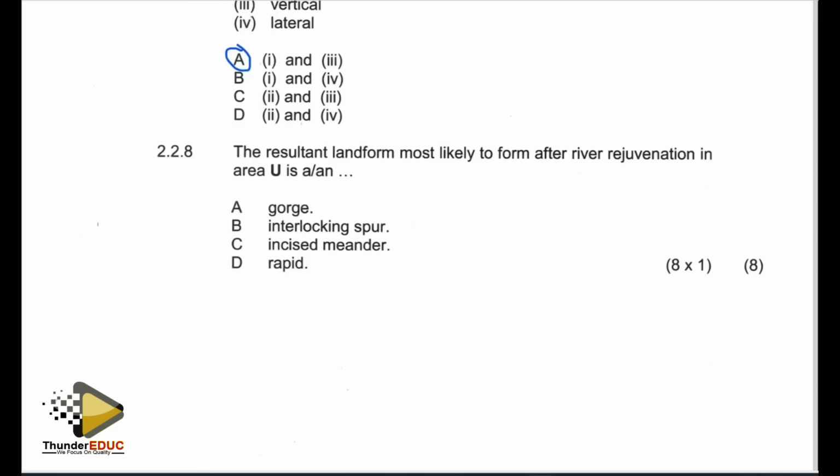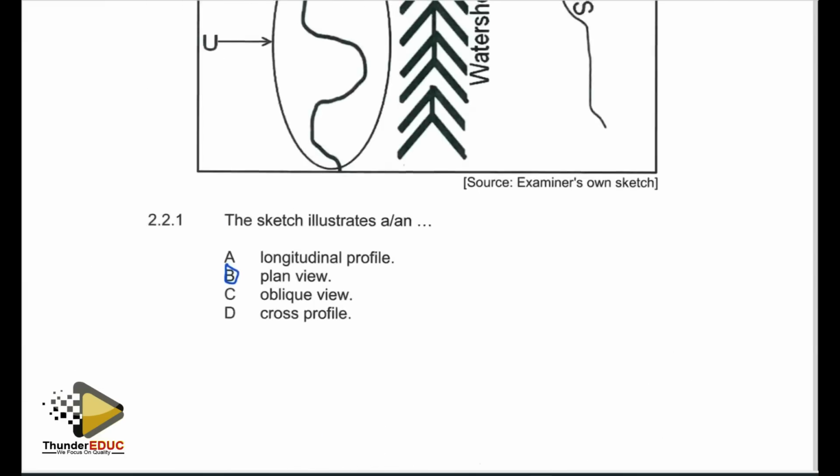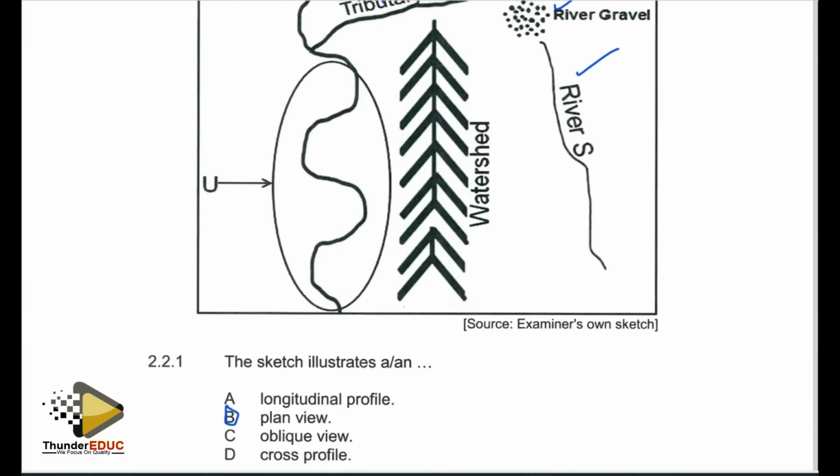The resultant landform most likely to form after rejuvenation in area U is A or N. Right, let's go to area U and try to analyze what landform is likely to form. This area marked U here, you can see this river is winding, is meandering around this area. So when there is rejuvenation, the river rejuvenates and already the channel was meandering.